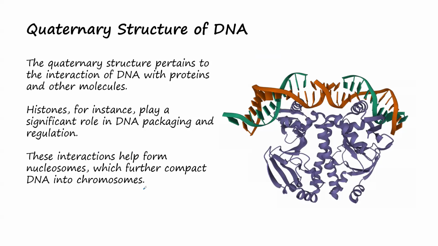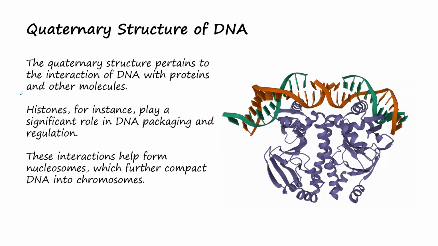So then the next thing is the quaternary structure of DNA. The quaternary structure of DNA pertains to the interaction of DNA with proteins and other molecules. In the other one, it is just coiling and wrapping the DNA around histone protein, but in the case of quaternary structure, it is the interaction of DNA with proteins and even other non-protein components.